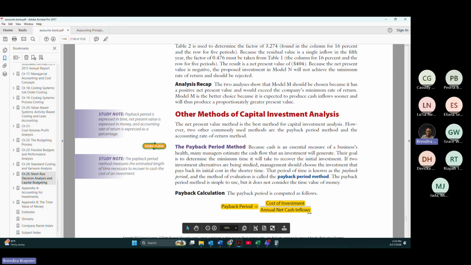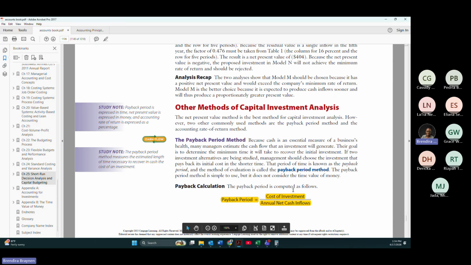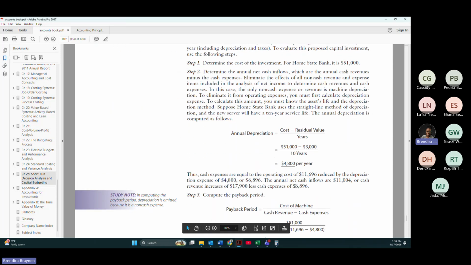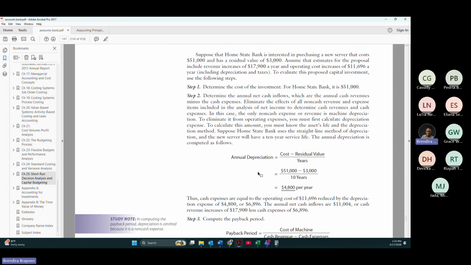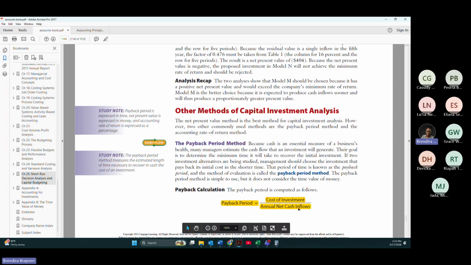Net cash inflows, meaning we take out any expenses that are not cash related. Okay. And so be reminded that if they talk about depreciation, make sure depreciation is taken out of this annual net cash inflow, because depreciation has nothing to do with cash. So it's not a part of the calculation.